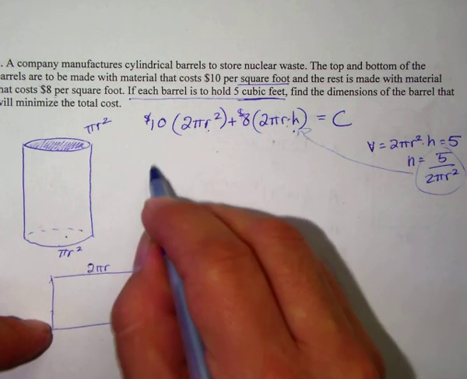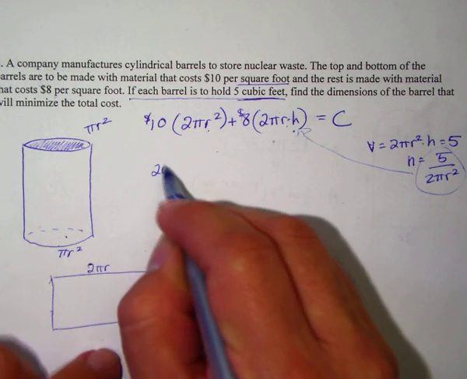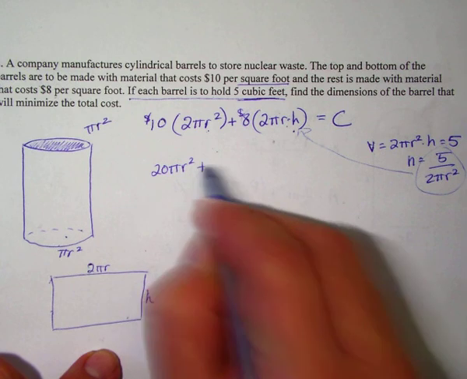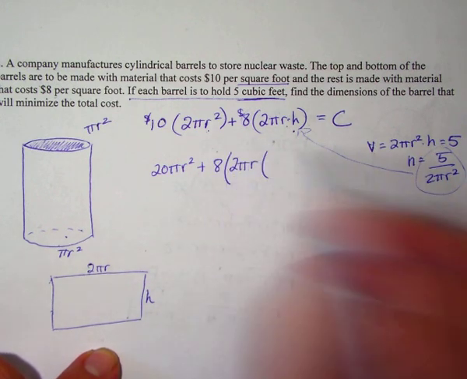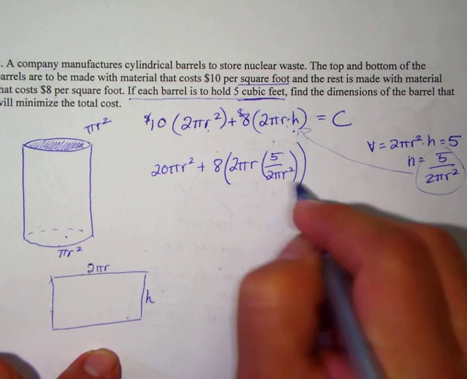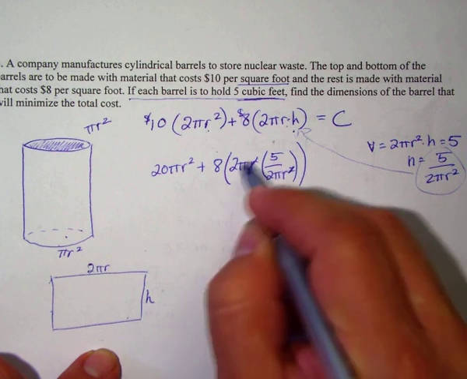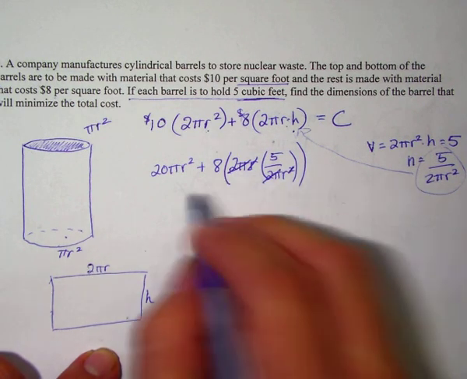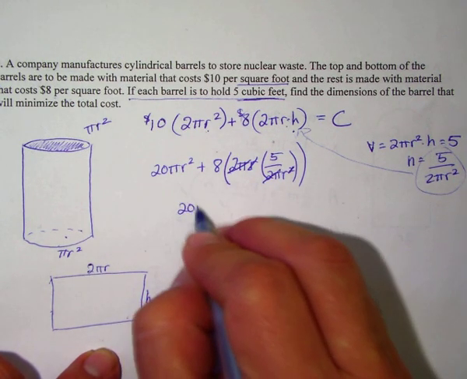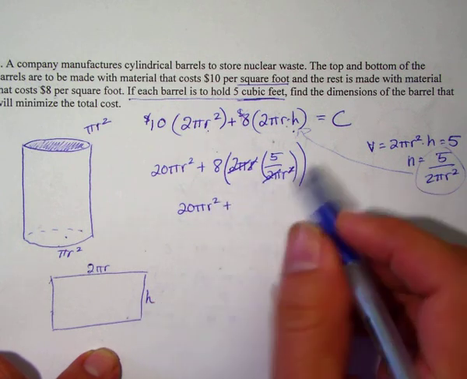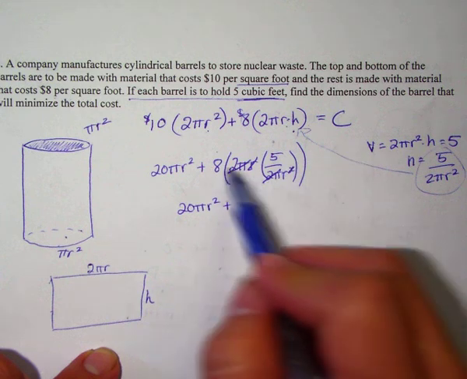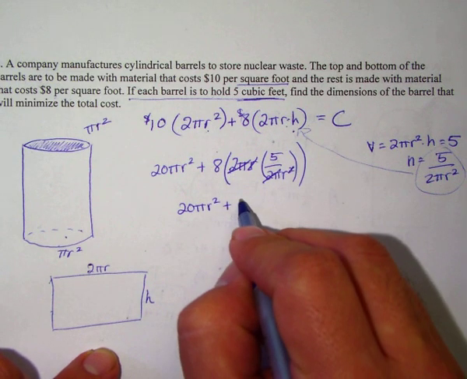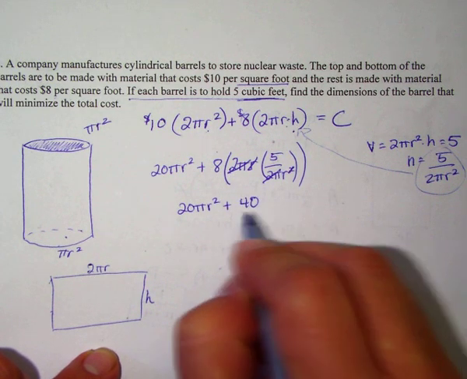Okay, so we're going to have 20 pi r squared plus 8 times 2 pi r. I'm going to substitute this in, so 5 over 2 pi r squared. The r goes through that one, the 2 pi goes there, and we're going to have 20 pi r squared plus, we got 8 times 5, which is 40, over r.